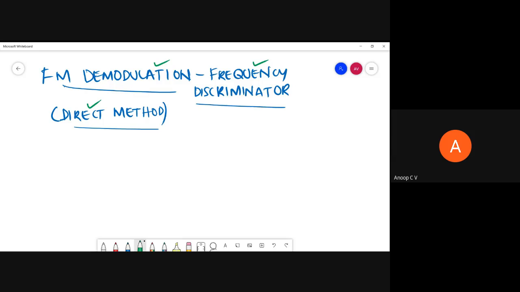What do we mean by frequency demodulation? You should have these ideas. It means recovering the message M of t from S of t. From the modulated signal, we have to recover the message signal.